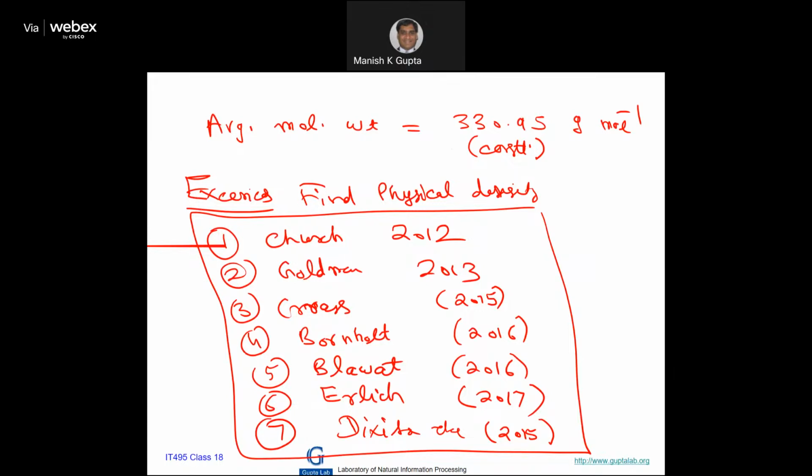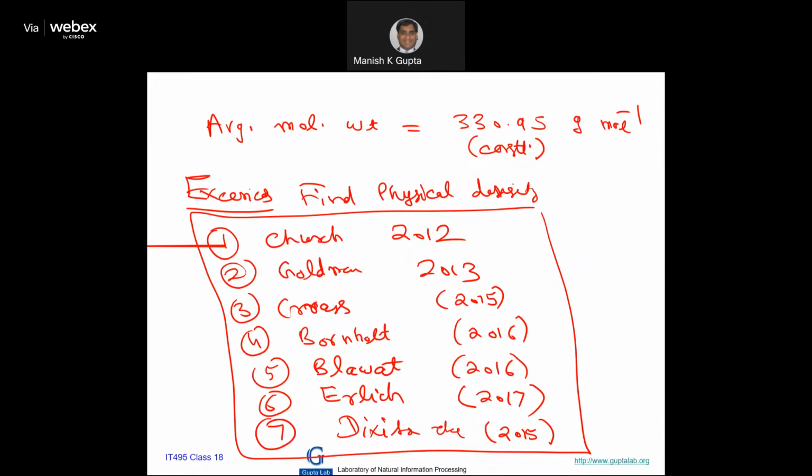It's a very good exercise to compute these physical densities for each of these. A couple of things you already know, and a few things you have to compute. There is one way also to compute physical density by solving a nonlinear equation actually, but here you can use these formulas. By the way, in this paper's supplementary material they have given the calculations as well.